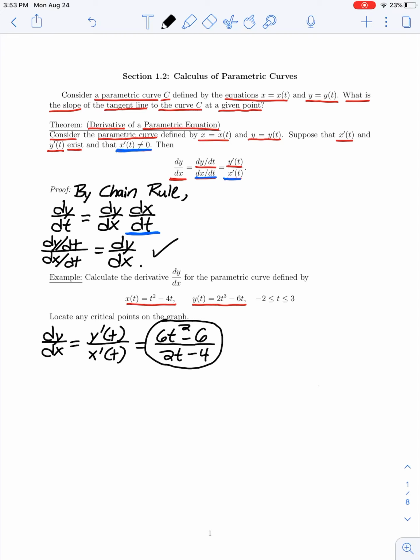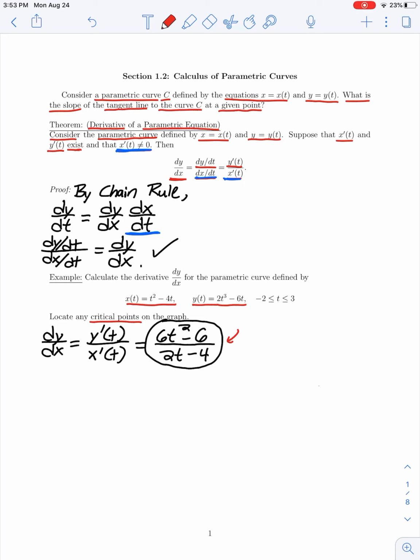Now, the second part of the question is to locate any critical points on the graph of our function. Recall that critical points are points on the graph of a function or on a curve where the derivative is either 0 or undefined.